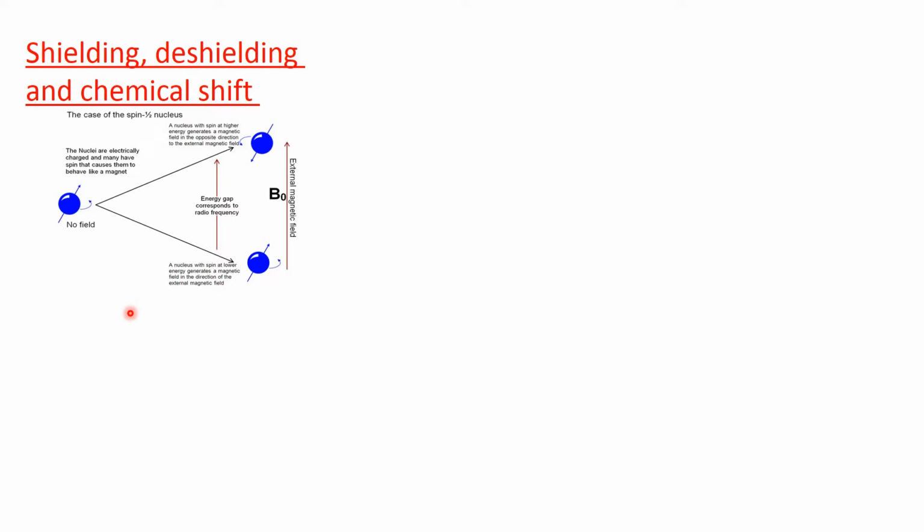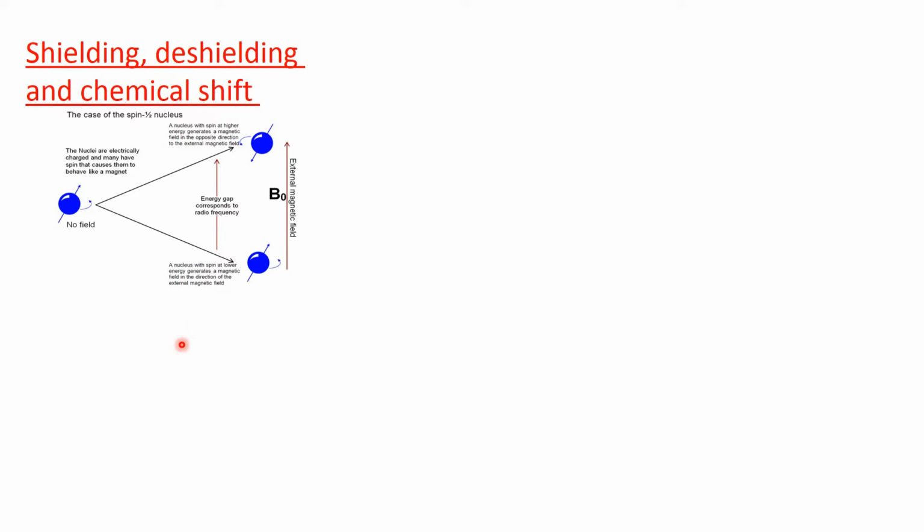And we have seen if the nuclear spin number I is equal to half, then two orientations are possible. One orientation is where the direction of the magnetic moment of this magnetic nucleus is parallel to the external magnetic field, and another orientation is opposite or anti-parallel to the applied magnetic field.